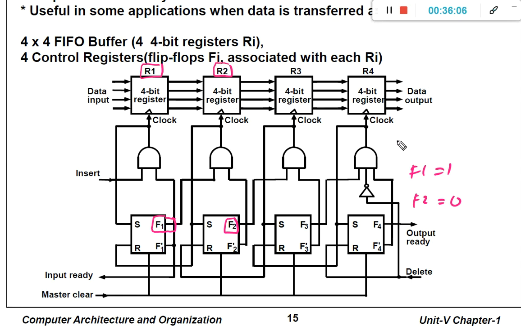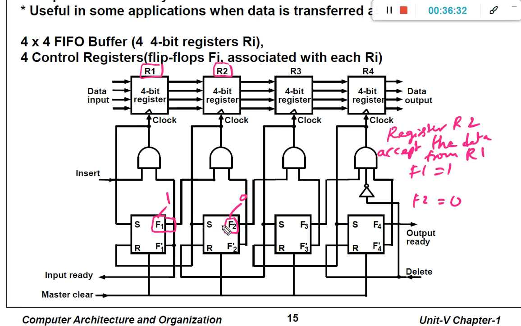What is that operation? The register R2 is going to accept the data from register R1. So this occurs whenever F1 is 1 and F2 is 0.